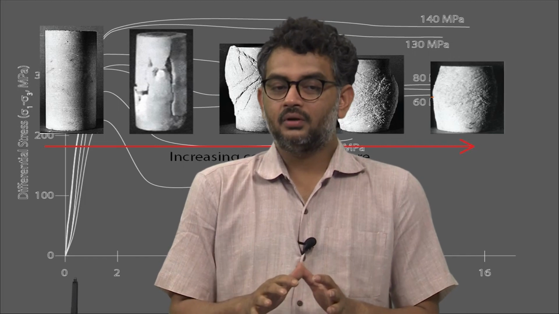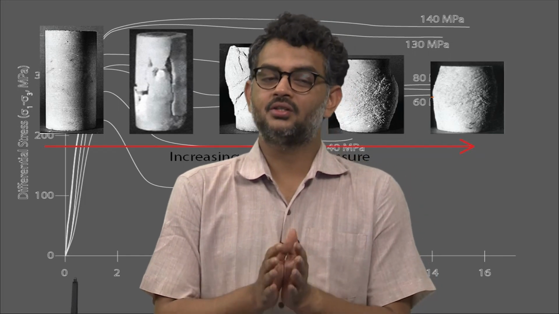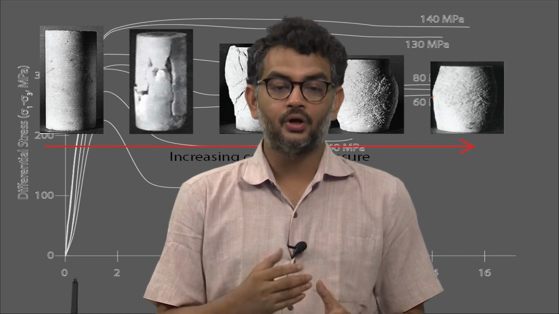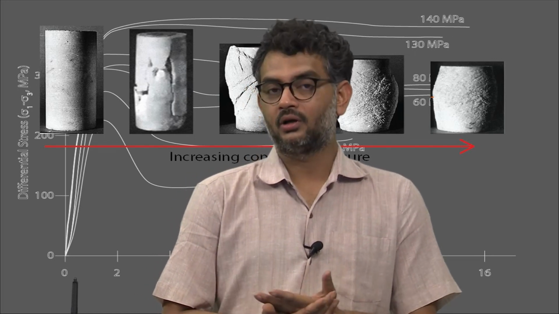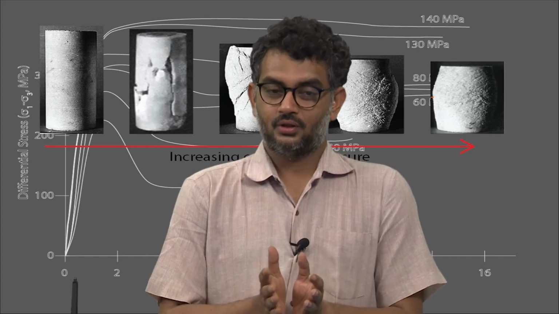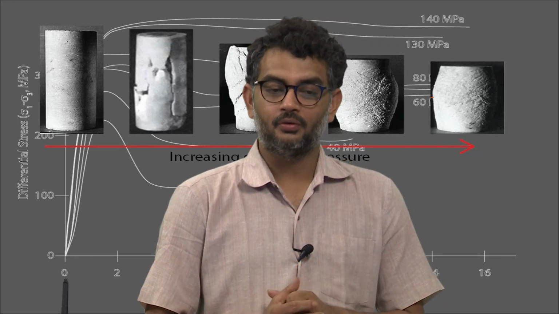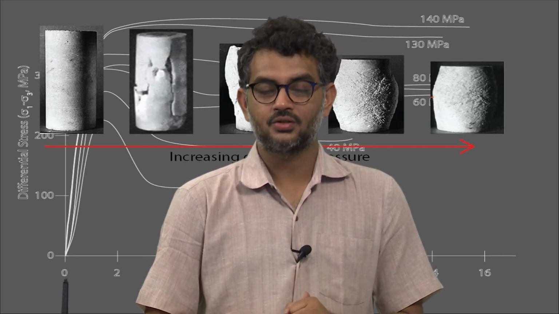So, how does it happen? What are the typical structures we produce under different rheological domains, how are they produced, and most importantly, once they are produced, do they stay as they are or do they change with time? We will answer all these questions in the next lecture on the deformation mechanisms of rocks. Thank you very much.